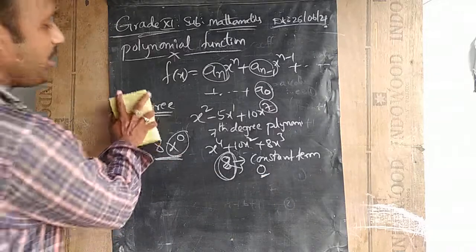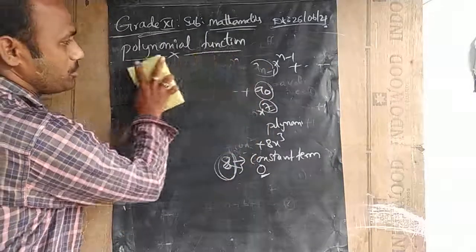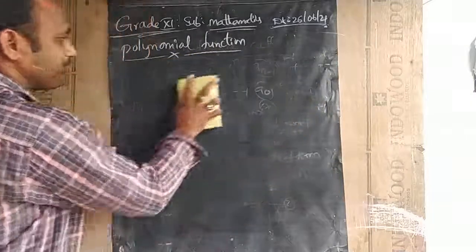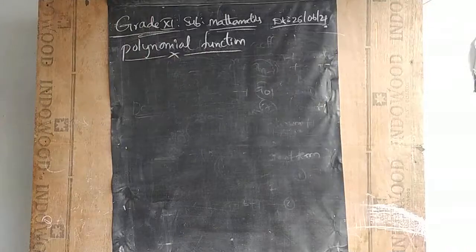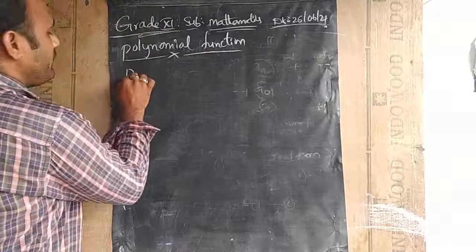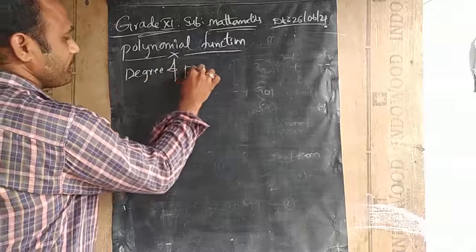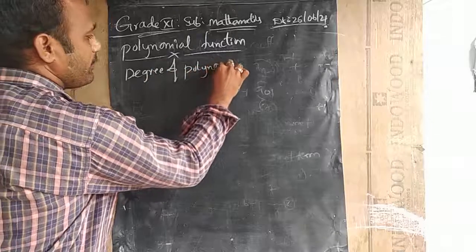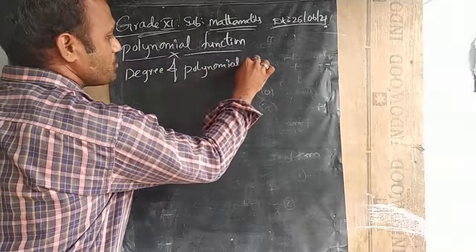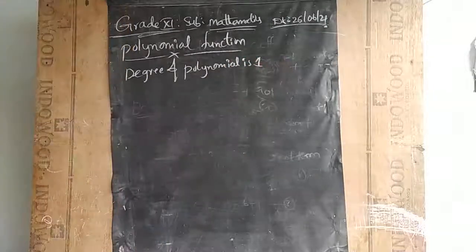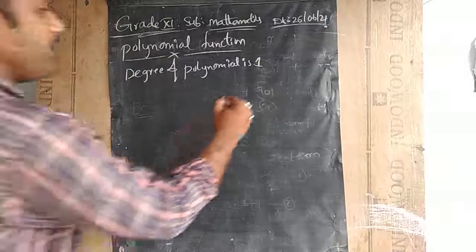Now, based on the degrees, we have classified polynomials into types. If the degree of the polynomial is 1, we will call it a linear polynomial.